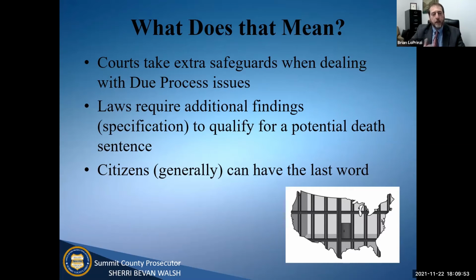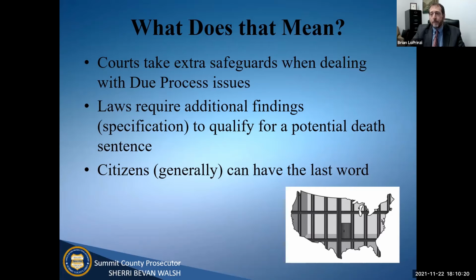So if you get pulled over by a police officer and he says you were speeding, your due process is to go to court and say, no, I wasn't speeding, and here's why. You have a trial, and there's a whole process. If you have a civil dispute, there's a due process of how that civil dispute is handled, and that's what we call due process.